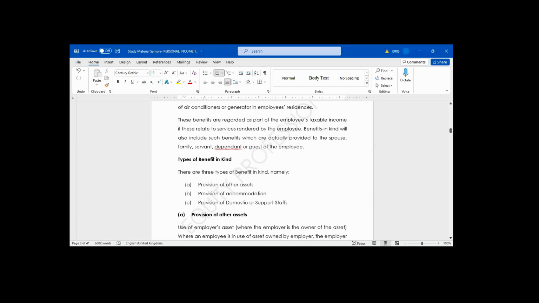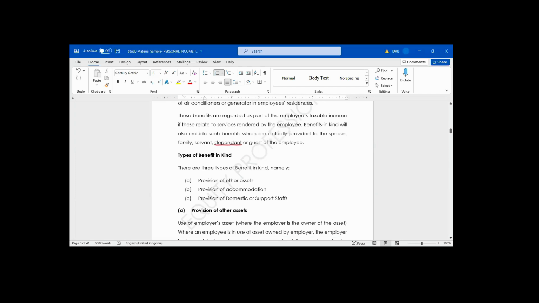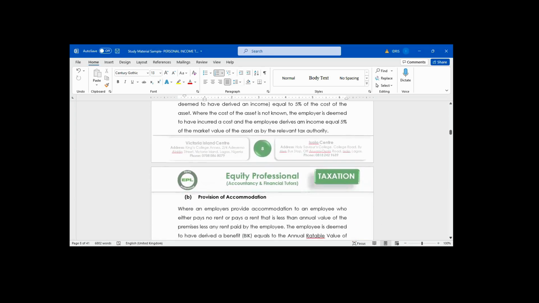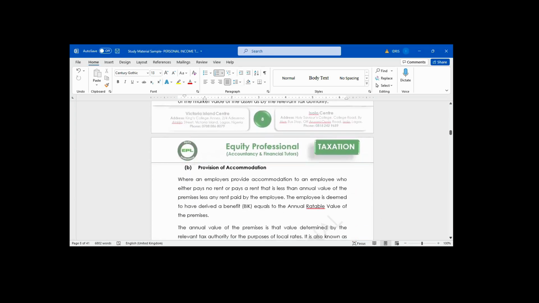Let me start from provision of accommodation instead of provision of domestic staff. When your employer gives you accommodation, your employer provides you accommodation as an employee that you are staying. What amount are we going to use as a benefit in kind that we are going to add as part of your income as an employee? If the accommodation is rented by the company, the annual rent paid by the company to the landlord will serve as a benefit in kind to you.